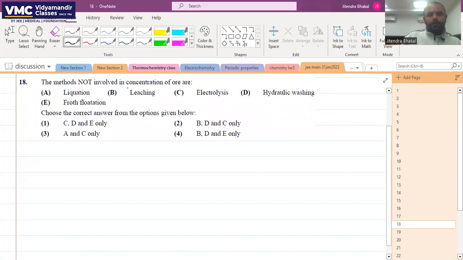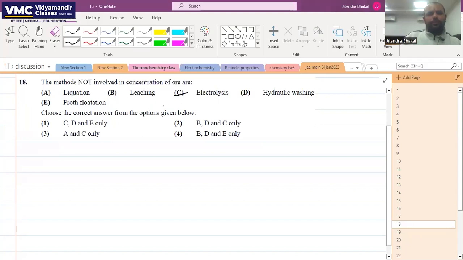Question number 18. The methods not involved in concentration of ore. This question is from the metallurgy chapter. For concentration of ore, can we use liquation? No, this is not used for concentration. One is liquation, then leaching can be used.